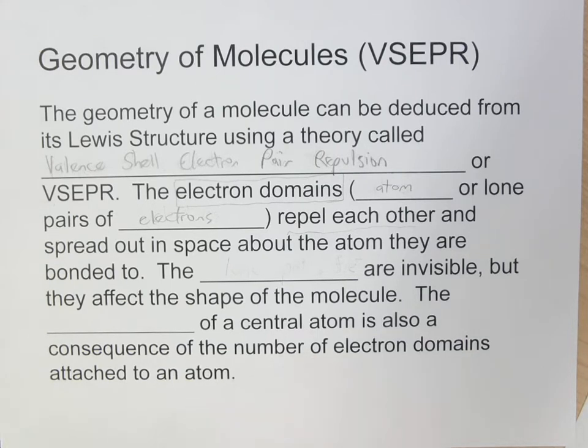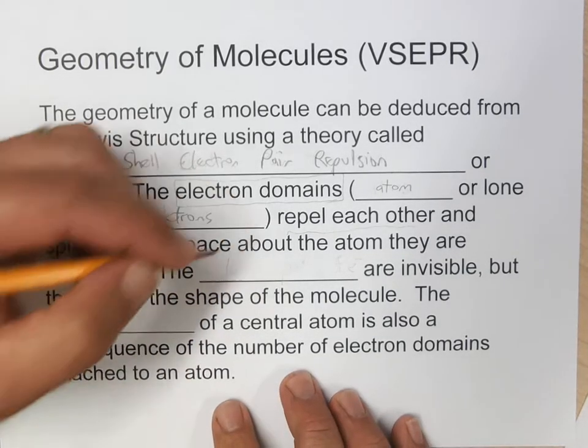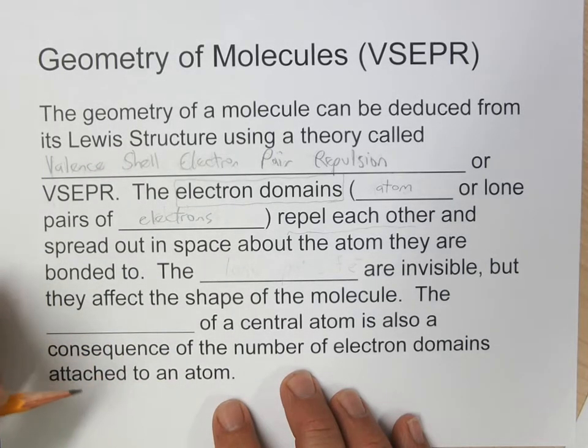Because the atoms are connected to each other with electrons, and those bonds are negative because they're a pair of electrons, they're going to repel the lone electrons, and things are going to try to spread out in space and minimize those repulsions.